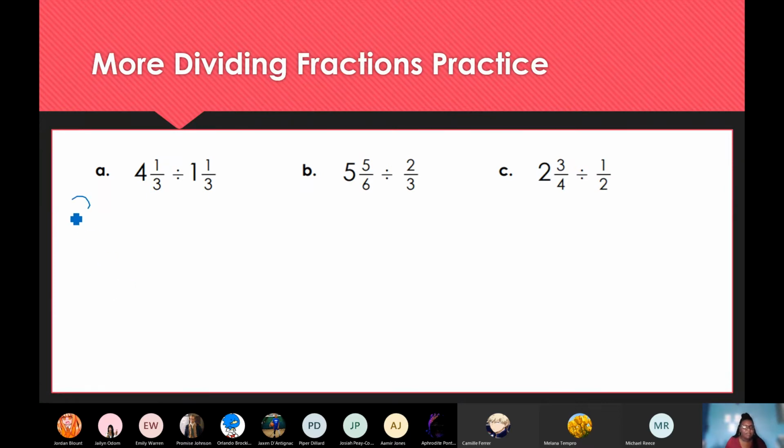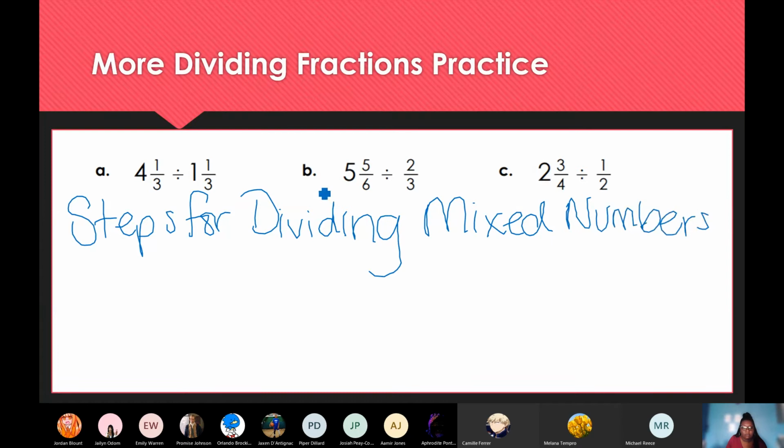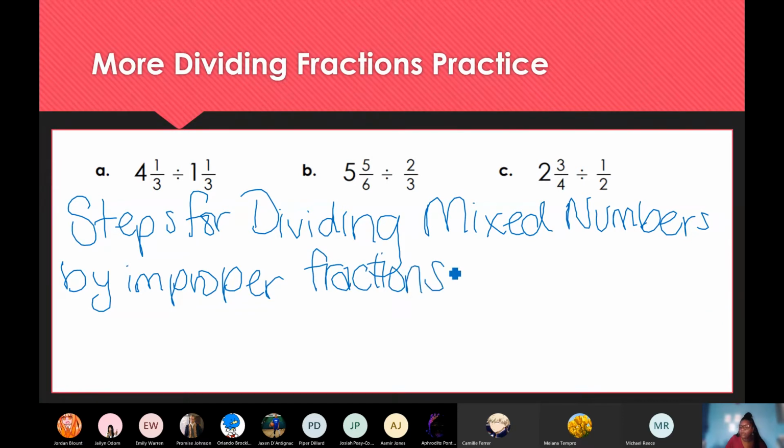So steps for dividing mixed numbers by fractions.